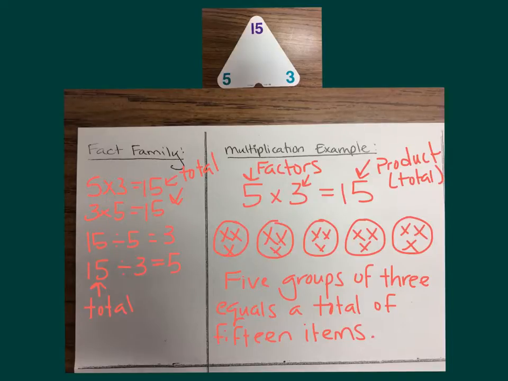And that would conclude my multiplication example. I've written my multiplication equation, I've labeled factors and product, I drew my groups, 5 groups of 3, and I wrote my sentence, 5 groups of 3 equals a total of 15 items.